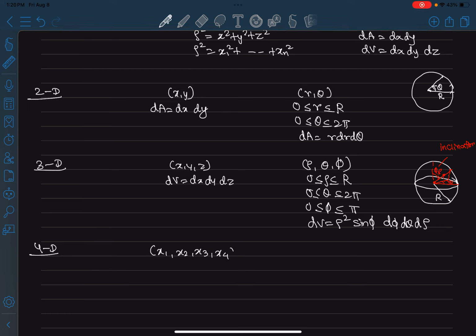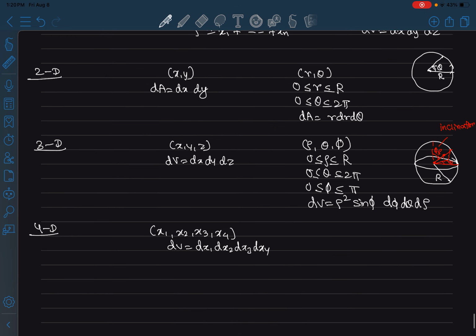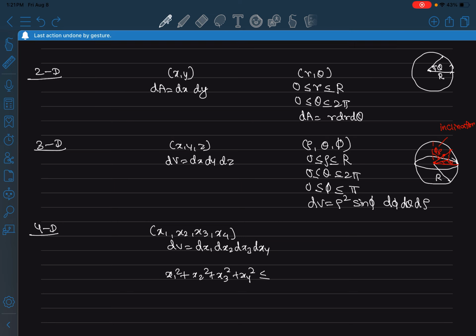Even here, our dV would still be dx1, dx2, dx3, dx4. To get a 4 dimensional sphere, the equation in the Cartesian coordinate system would just be that all the points satisfy this equation, from r squared, and all of them being positive.